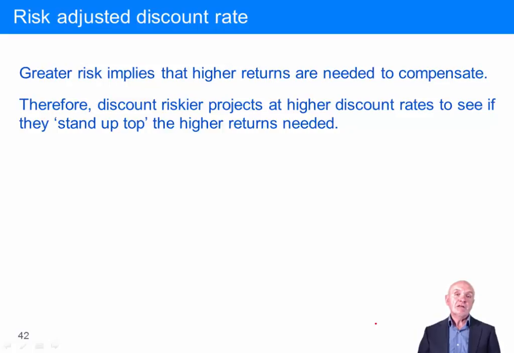Because of course it's the flows in 5, 6, 7, 8 years time which are most at risk, which are most difficult to actually assess. So this is done by increasing the discount rate for riskier projects. And we'll see later how there may be mechanisms for discovering what discount rate to actually apply to riskier projects.